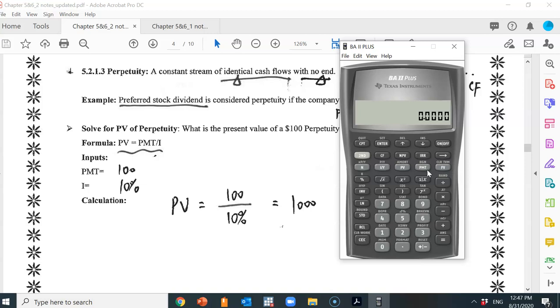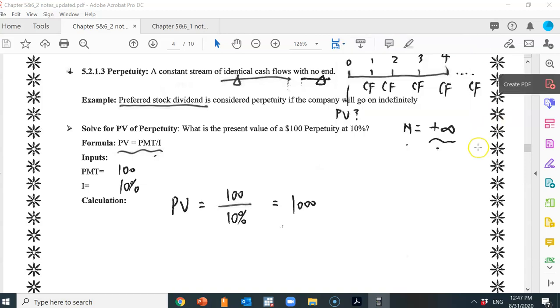Otherwise, I think the financial calculator would be enough to solve for problems such as the present value or future value of lump sum, ordinary annuity, and annuity due, because the formulas are much more complicated in these cases. So you could just work with the financial calculator for the first round.